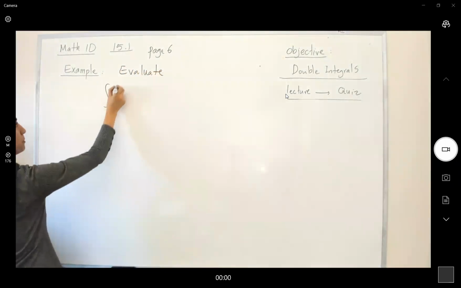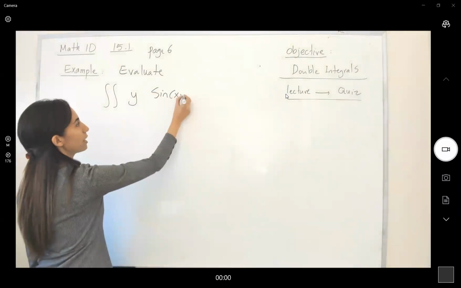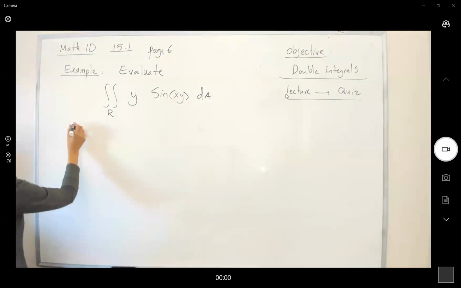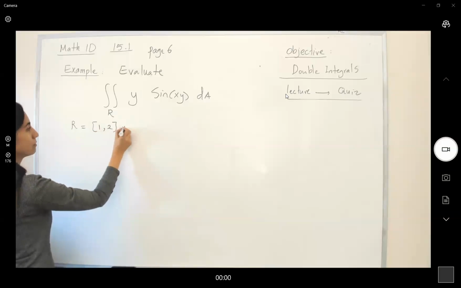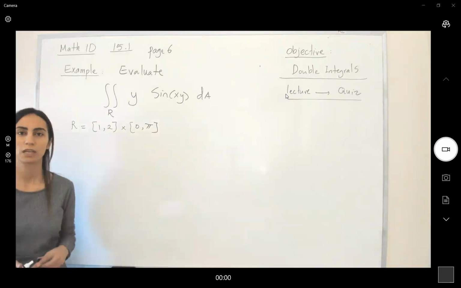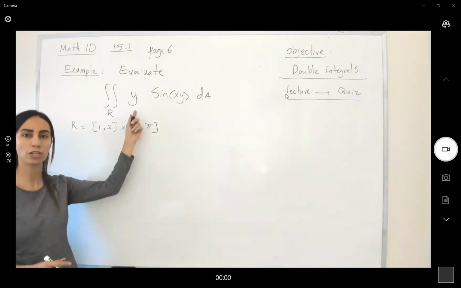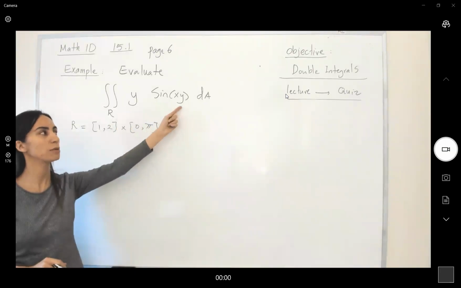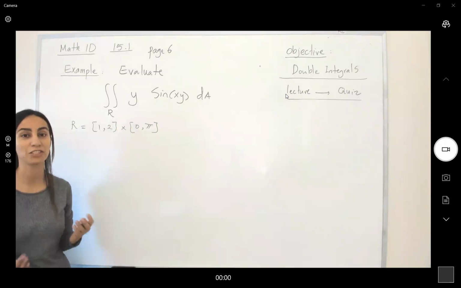Double integral of y times sine xy dA over region R. We define region R to be a rectangular region, which is, okay, x from 1 to 2, and y ranges between 0 to pi. Can you separate these two? Unfortunately not. This is a function, of course, it just has a variable y, but this function depends on x and y. So we cannot separate these two integrals.